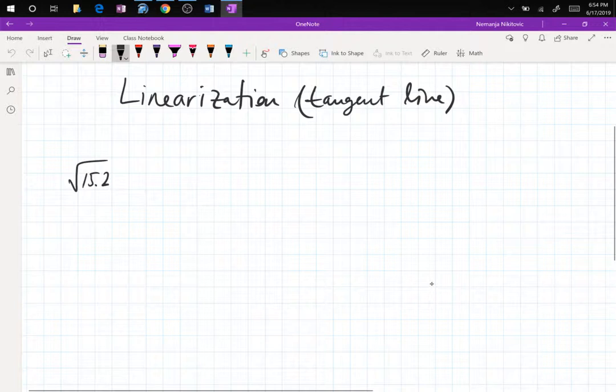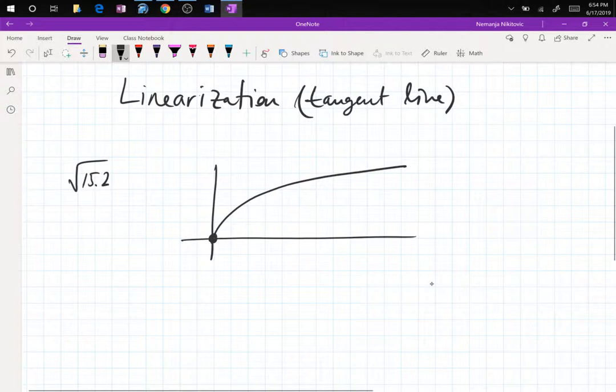So now what we are going to do here is first understand the concept, hopefully. If I draw the square root of x function, and I pick, let's say over here, the 15.2 value that I want to compute. And you really don't want to do it, right?